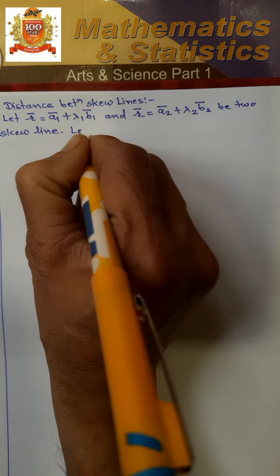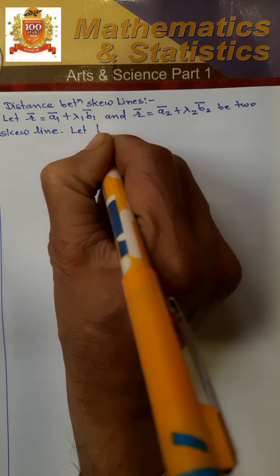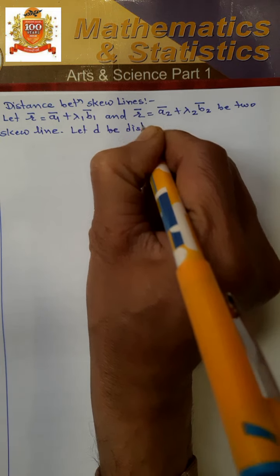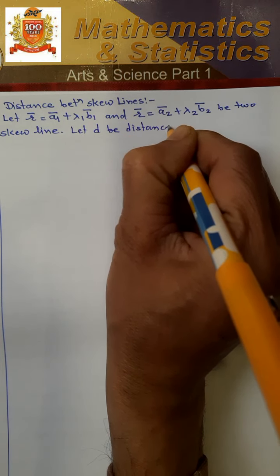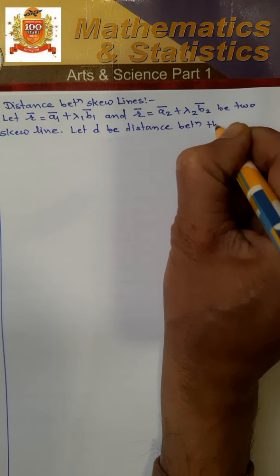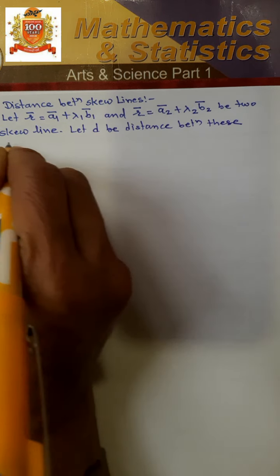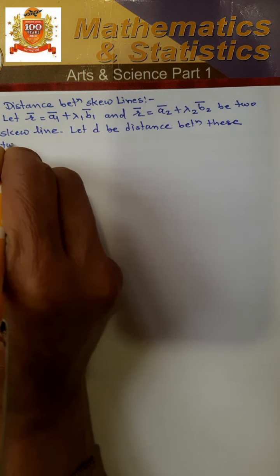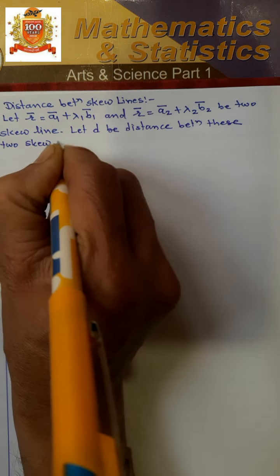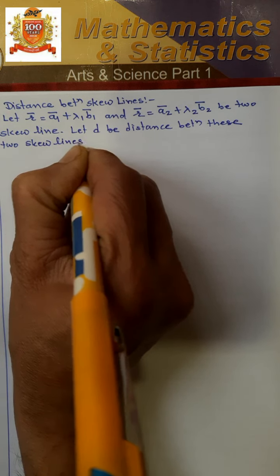Let small d be the distance between these two skew lines.